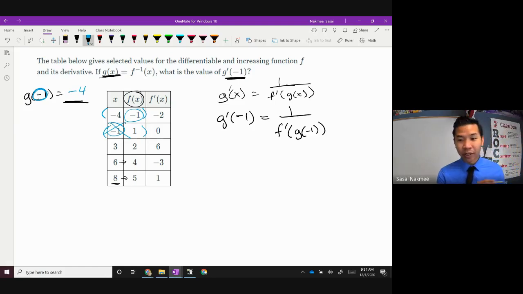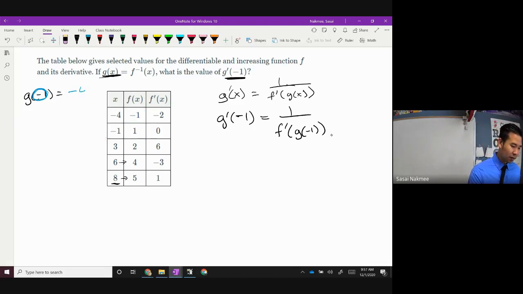Can you explain why you did that again? Yes. So here's the deal. F of x takes numbers from the x column and gives me all these output values. So this is my input and this is my output. What my g function does, since g of x is the inverse of f of x, is take all these numbers and switch them around.